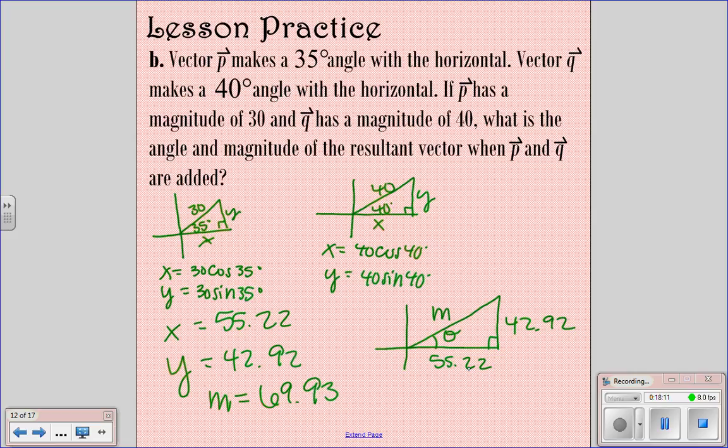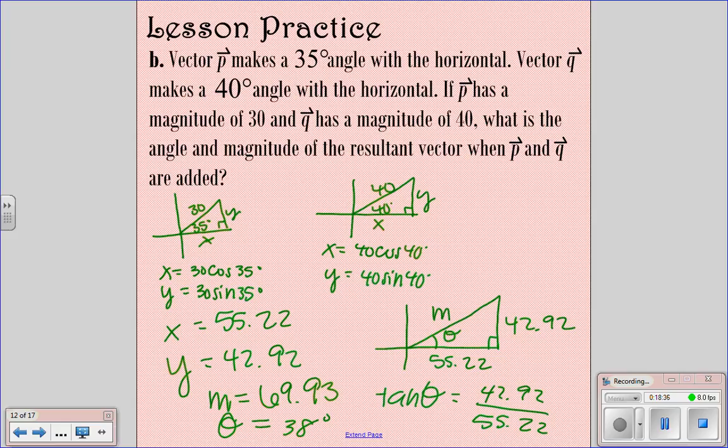You're going to say 55.22 squared plus 42.92 squared, and then take the square root of that. And then for our angle, we want to solve it for the nearest degree. So you're going to do tangent of theta is 42.92 over 55.22, and your theta, you should get to be 38 degrees.